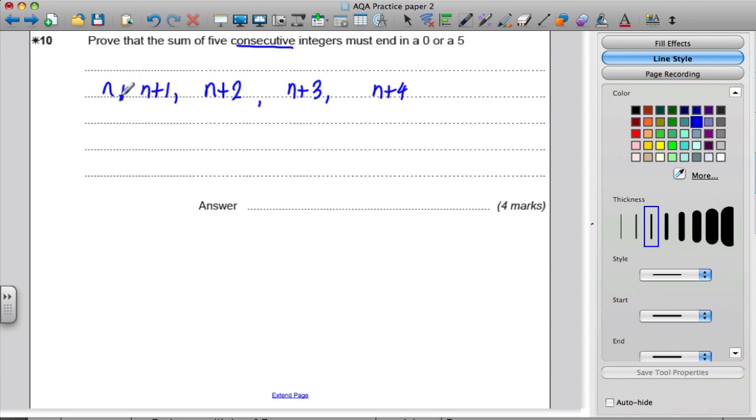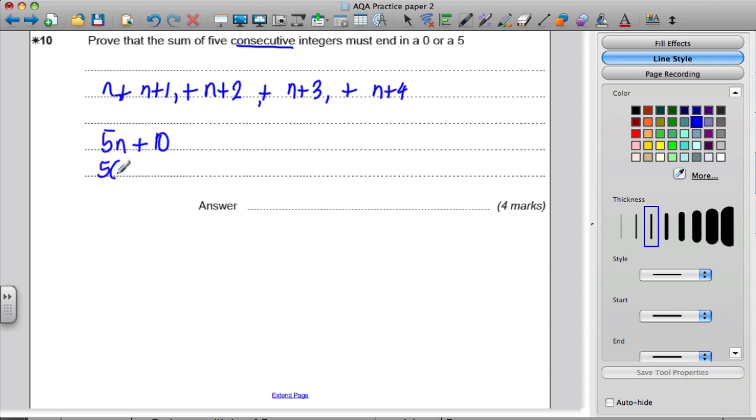If I want to add all of these numbers together, 1n, 2n, 3n, 4n, 5n, I get 5n. 0 plus 1 is 1, plus 2 is 3, plus 3 is 6, plus 4 is 10. Now I need to factorize out what goes into 5n and 10.